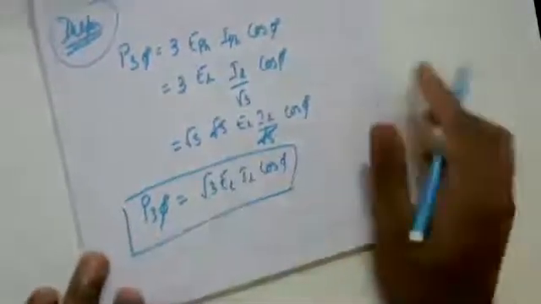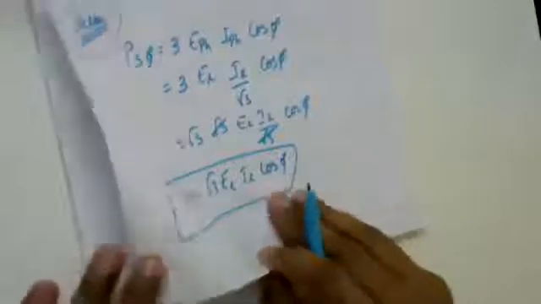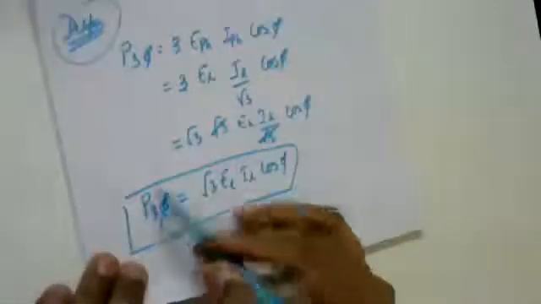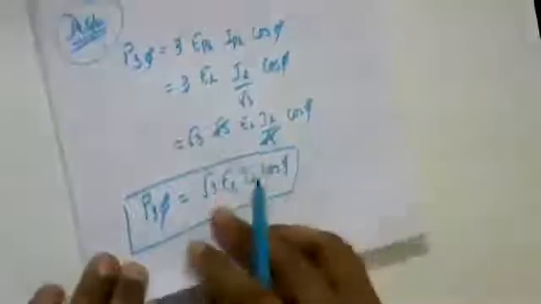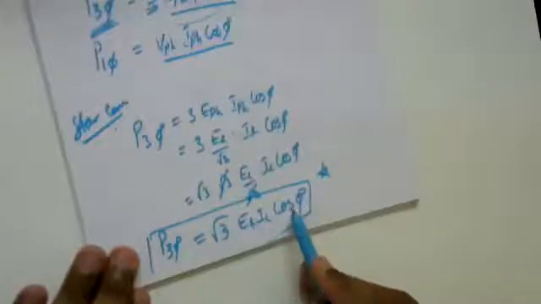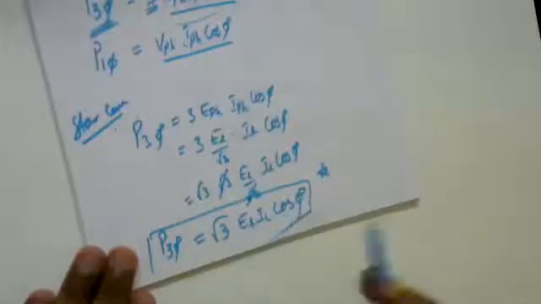So this expression makes you understand that whether your load is of type delta or of type star, the power consumed in the three phase load is given by root 3 EL IL cos phi. Is it clear to you?